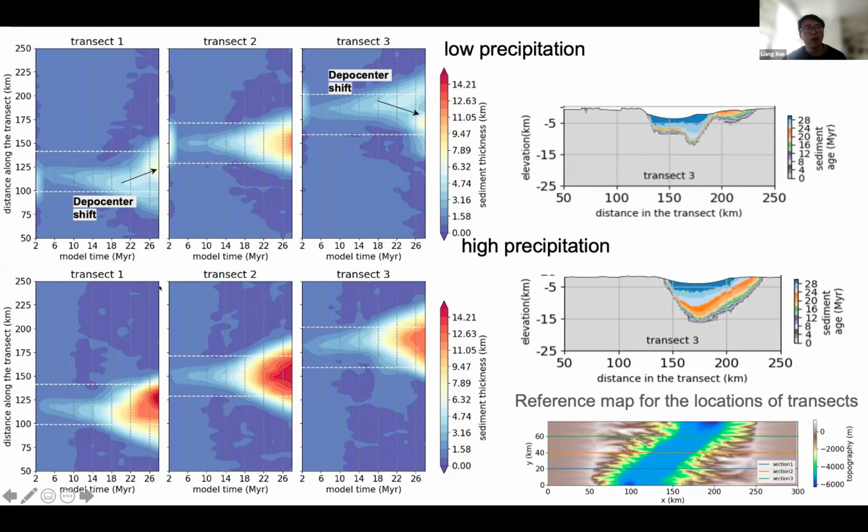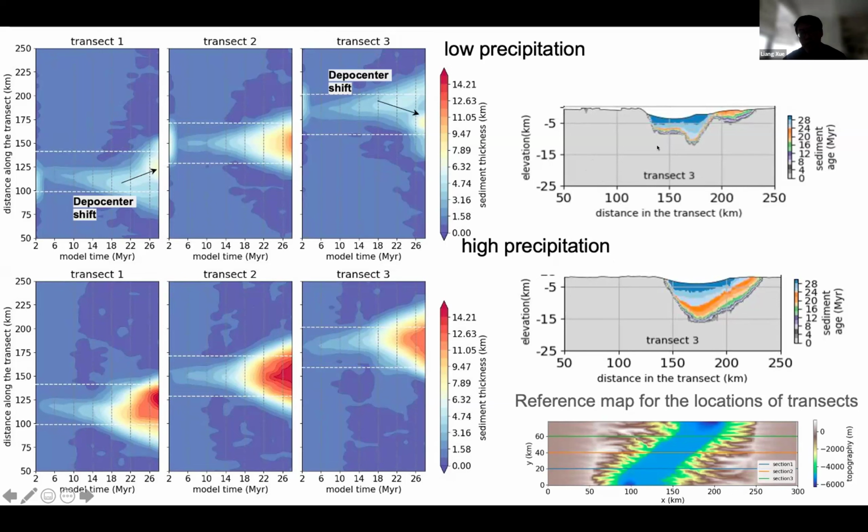However, if we look at the high precipitation case, the sediment thickness almost always concentrates in the weak zone.